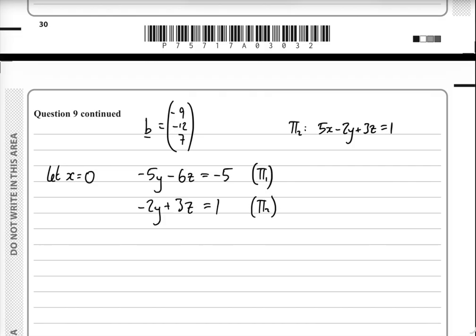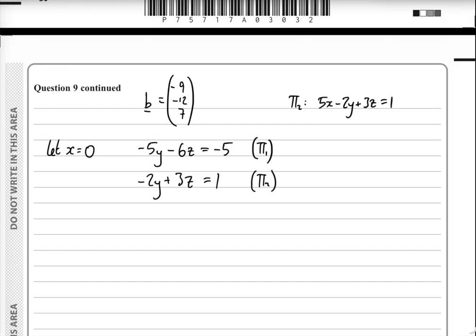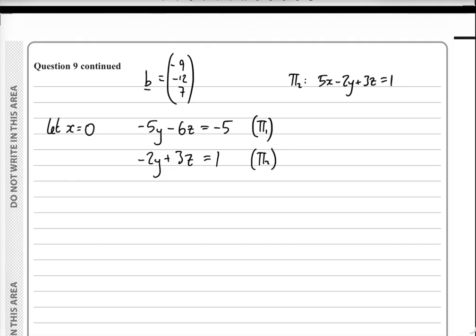Now there's no guarantee that this will work, but it almost certainly will. And if it doesn't, then it's certain that y equals 0 will. So I just solve these simultaneously now to find the y and z coordinate where this is true. To do that, I'll double this: 4y, 6z equals 2, and then add them together. We get minus 9y equals minus 3. Y equals 1/3.